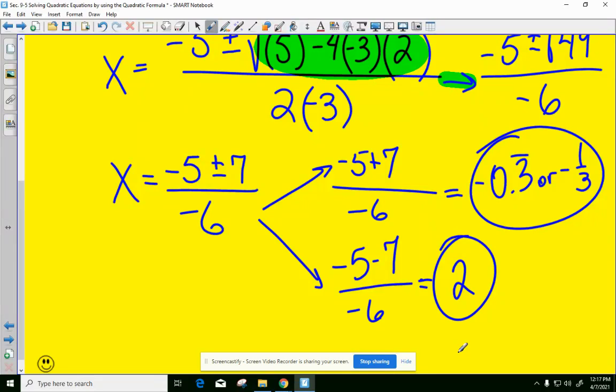When this result was positive, I got 2 answers. But there's other options for this b squared minus 4ac other than being positive. Jack said it could be, what if it's negative?